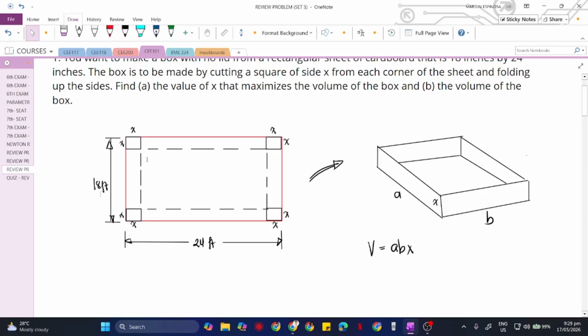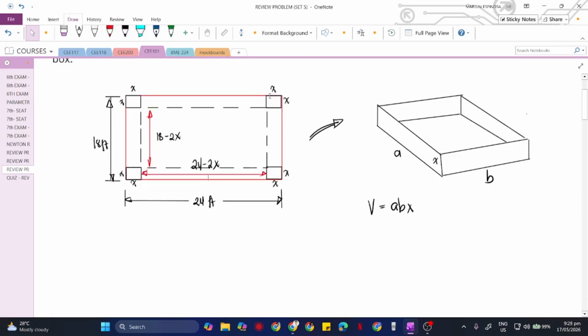And then since we cut a square box on each corner, this length here would now be equivalent to the remaining length upon cutting through, which is 18 minus x. Since there are two x's, it's 18 minus 2x. And then this length here will now be equivalent to 24 minus 2x.